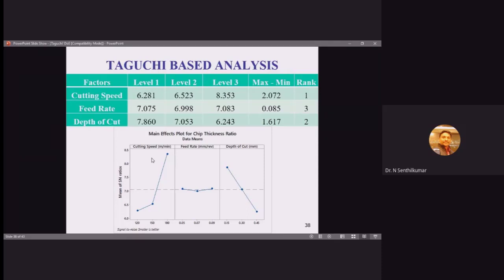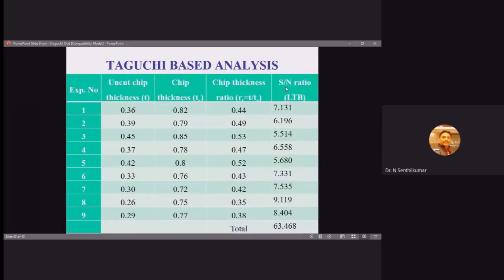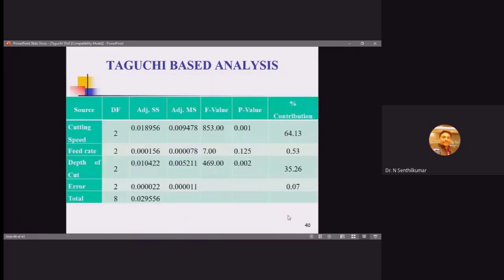In this case, the cutting speed is 180, the third level. Similarly, feed rate is the third level, and for depth of cut, it is the first level, right? Now, this SN ratio, I have put at the average, no? The total I have taken, okay? Now I'm going to put it in the prediction formula.